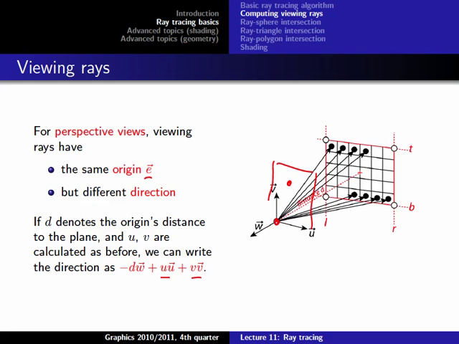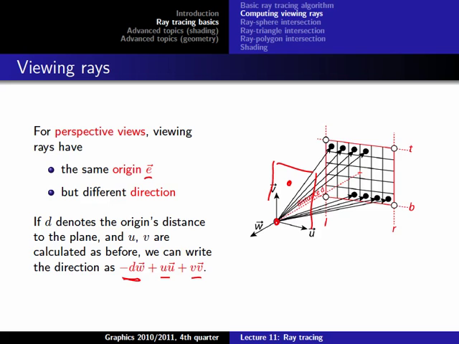But of course we want to shoot it not through this position on this plane. We want to shoot it through this position if we move the plane by the distance that we have from the screen. So what we do is we add in the minus w direction, minus d.